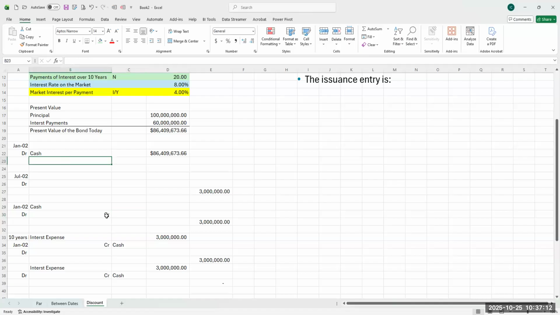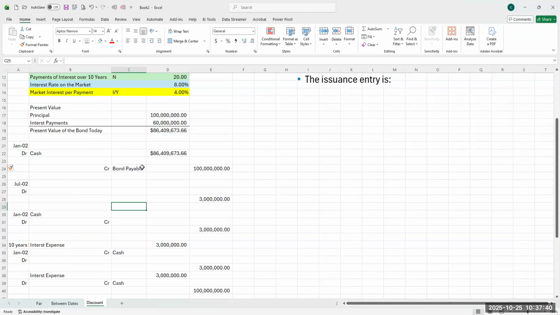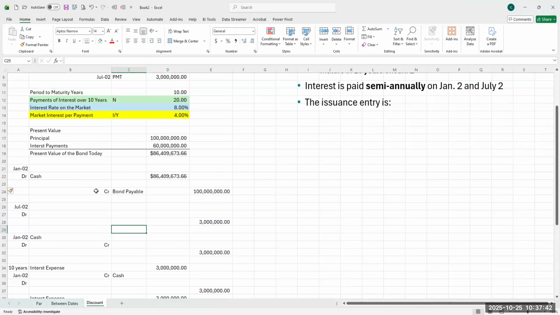And that will be our bonds payable. Now, as you can see, we have a problem. What's our problem? Debit is not equal to credit.